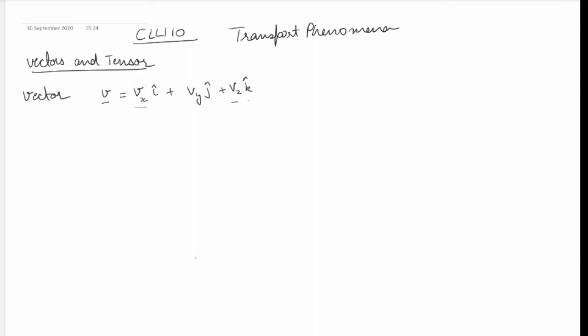Now, because physicists use these vectors a lot, for example force, velocity, these vectors come up a lot and there are multiple operations on these vectors. So if we want to write the components of a vector, writing this whole thing becomes very cumbersome.